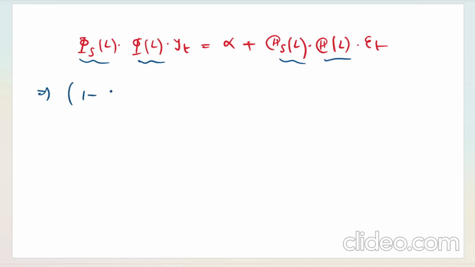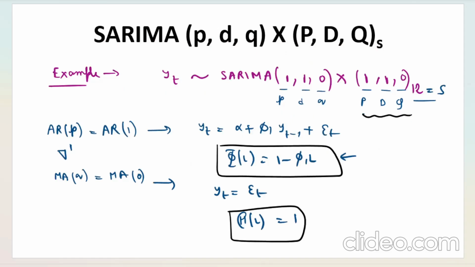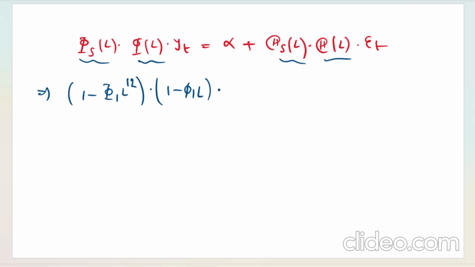So this is 1 minus capital phi L to the power 12. This is 1 minus phi 1 L into yt, and this here you have this is 1, this is 1, and this is also 1 into epsilon t.